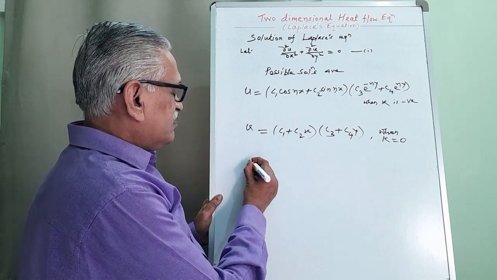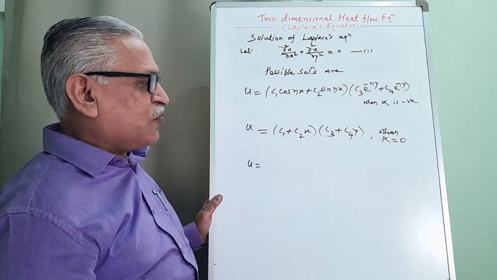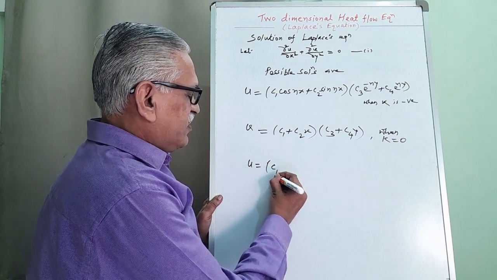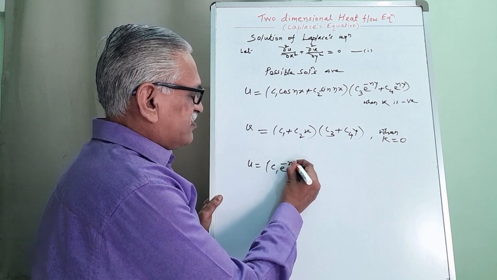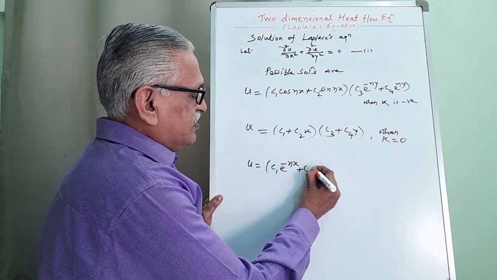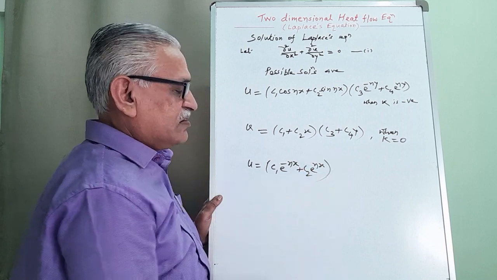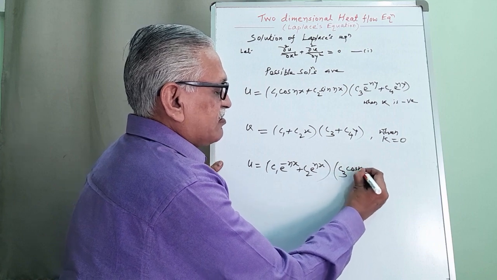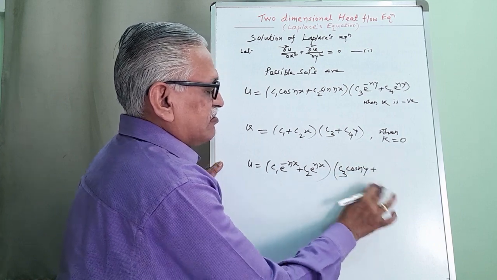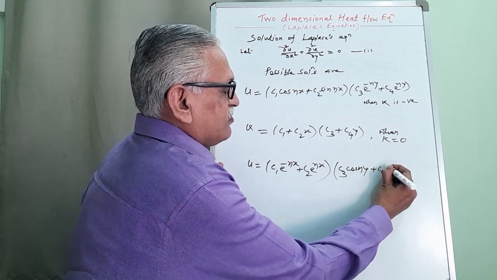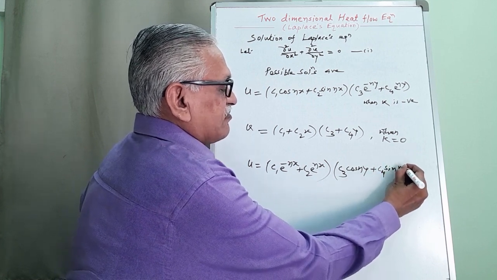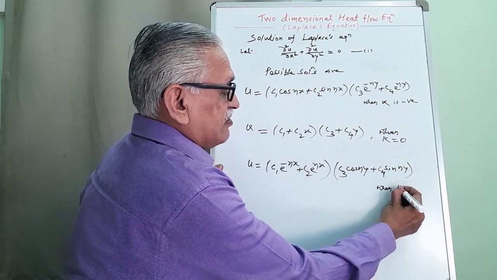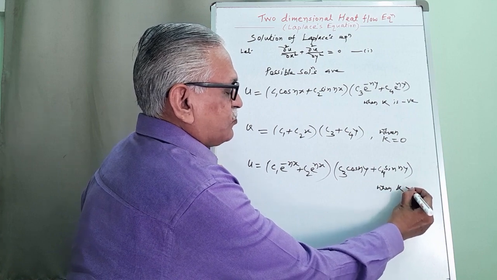And the third, when k is positive, at that time we have C1 e raised to minus nx plus C2 e raised to nx multiplied by C3 cos of ny plus C4 sin of ny, when k is positive.